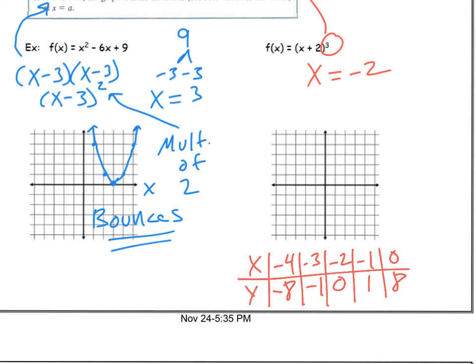All right, so right here, here's -2, 0. Negative 1, 1, negative 3, negative 1. And the other points are actually too high. Those are the only three that fit. But this is a third degree, right? So notice it's got those tails going in opposite directions.